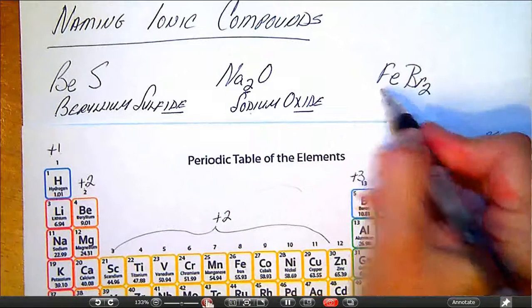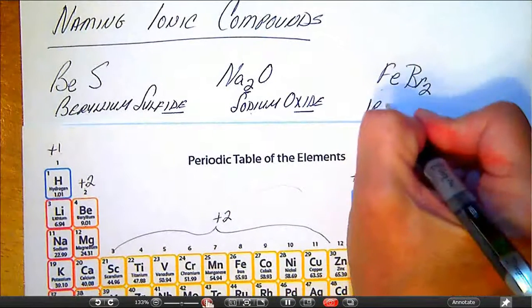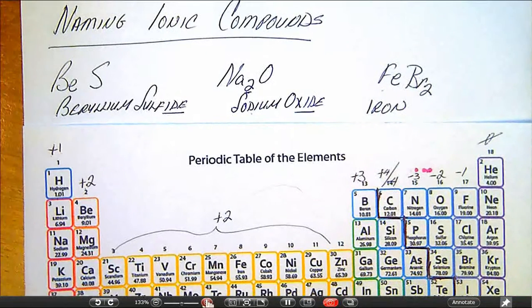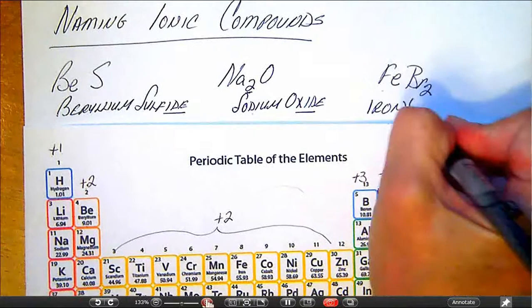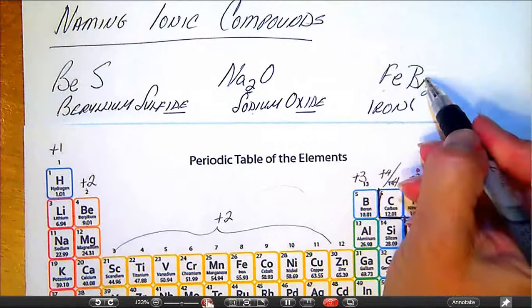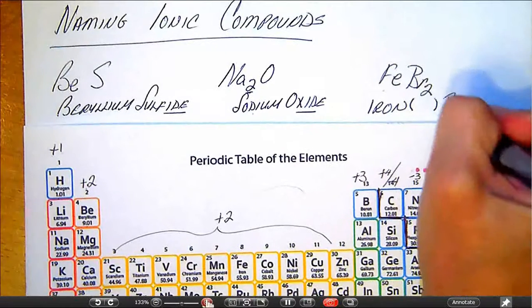Fe, iron. If you notice, iron is in this middle section. It has a multiple oxidation number possibility. So we're going to leave a parenthesis there for the moment. Br, bromine, becomes bromide.